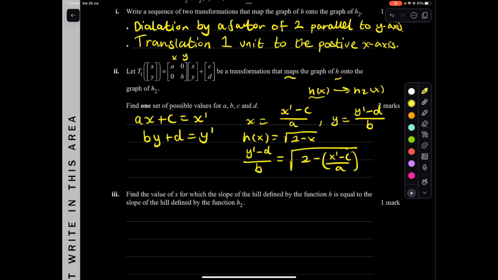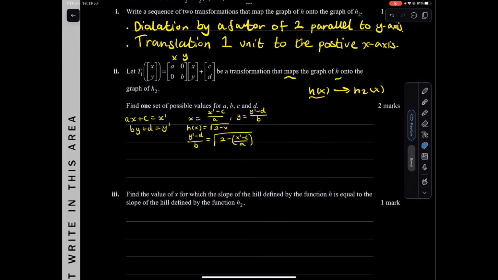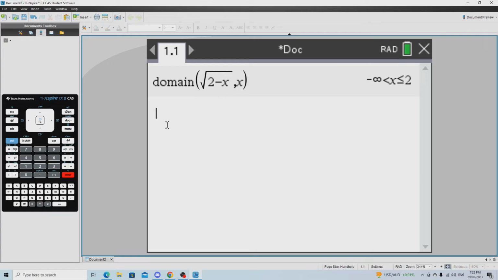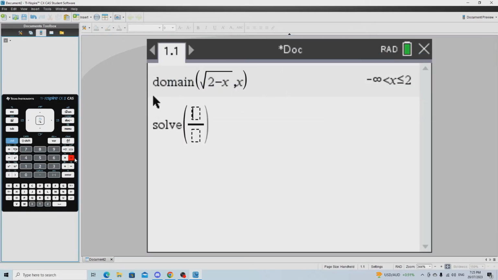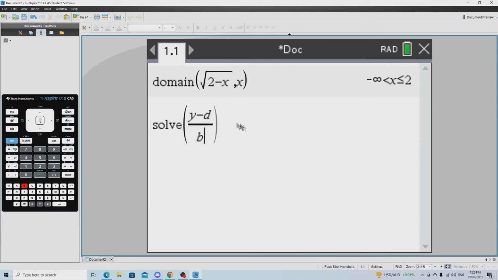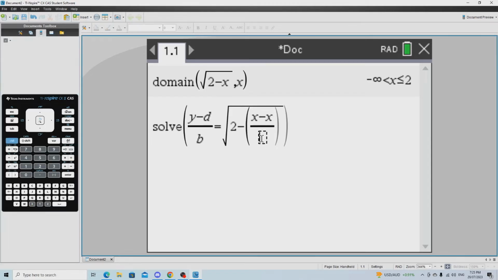Expanding this on my calculator, and solving for y. We are saying y minus d over b equals the square root of 2 minus x minus c all over a.